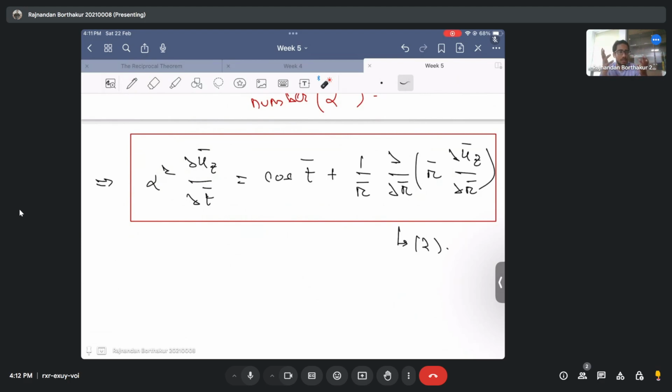And this is where the power of non-dimensionalization lies. I no longer have to independently say what is the viscosity of the fluid, what is the density of the fluid, and so on and so forth. I will just say this is my frequency dependent Reynolds number, and give me the velocity field for it. The velocity field is just a function of this frequency dependent Reynolds number in non-dimensional analysis.